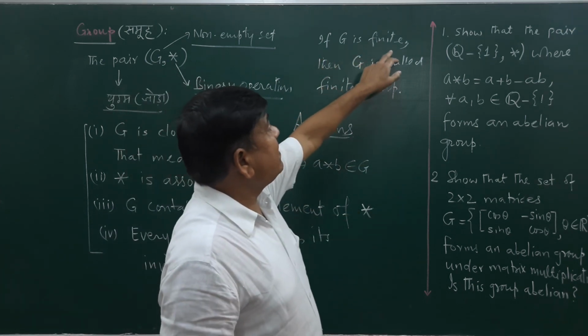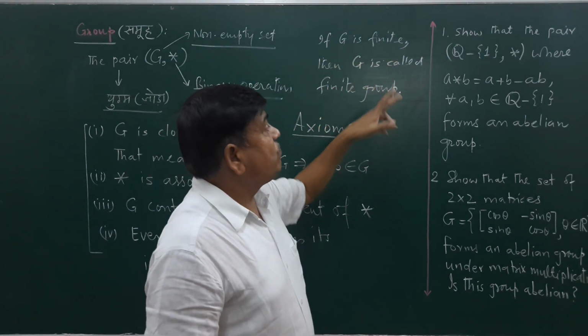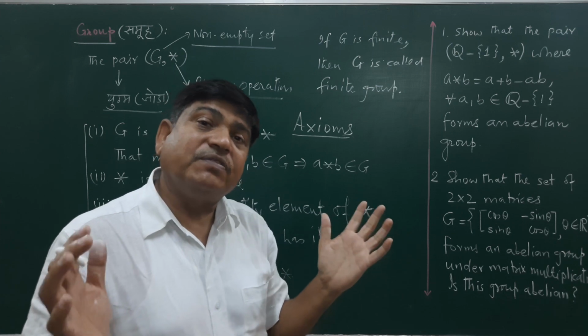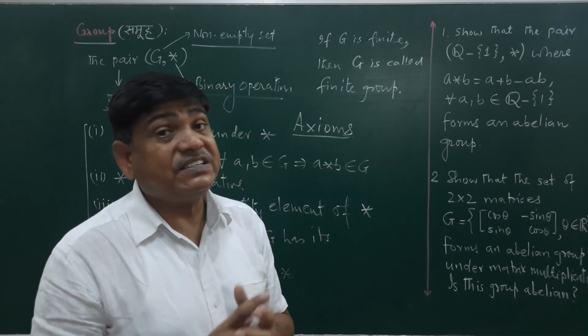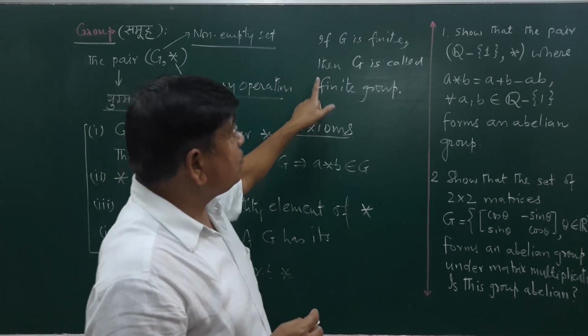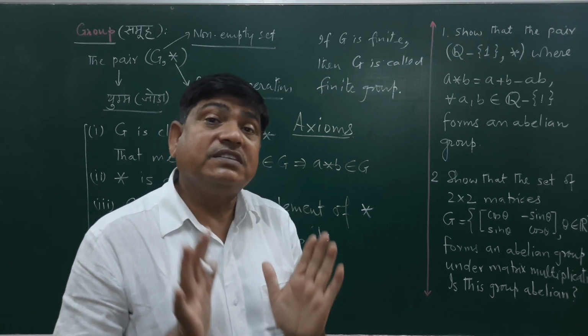So if G is finite, then G is called finite group, otherwise infinite group. So if G is infinite set, then if it is a group, then it is infinite group.